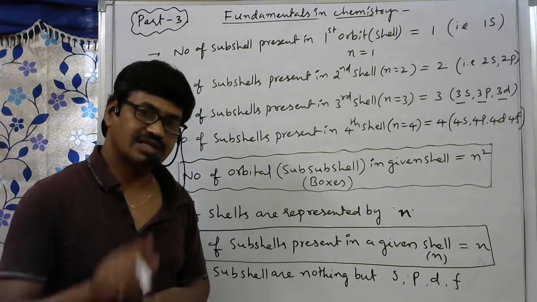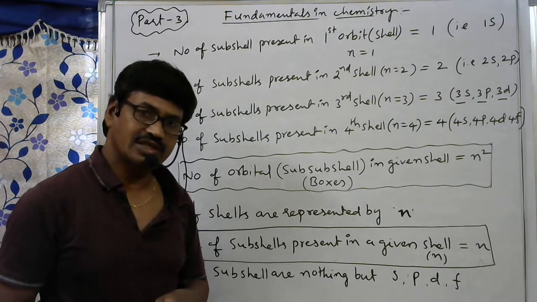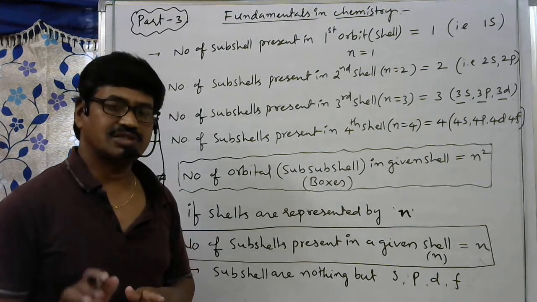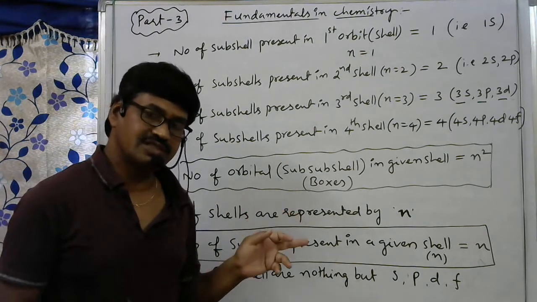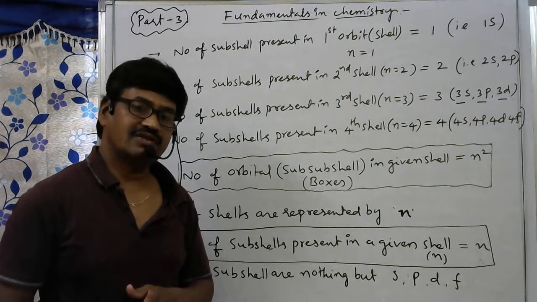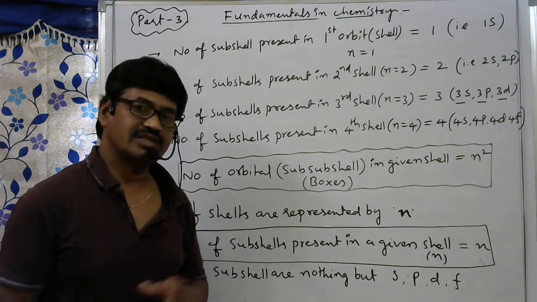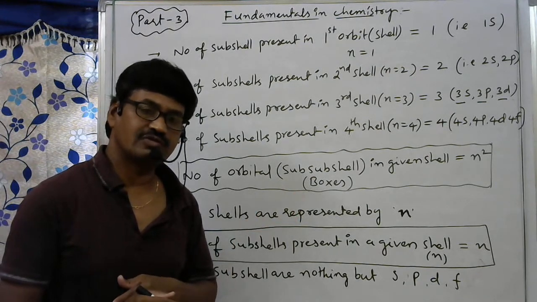So 1s orbital contains only one box. That is only one orbital, that is only one subshell. But if you take number of orbitals or subshells present in second shell, that is second orbit, equal to 2 square, because n square formula, n equal to 2, 2 square. 2 square is nothing but what? 4.